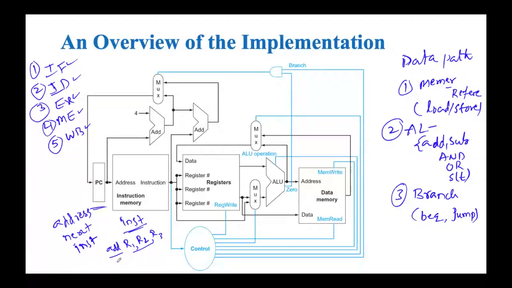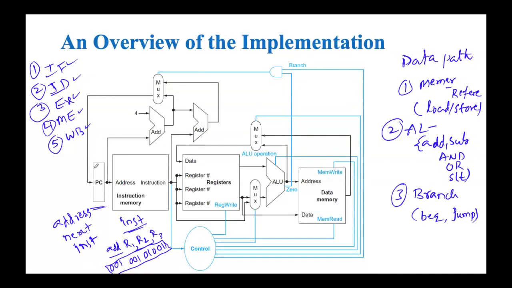This complete thing is written in terms of 0s and 1s, such as 0, 1, 0, 1, 1, 0, 0, 1 for add. For R1, we write in binary form using 3 bits, 0, 0, 1, because the number is 1. R2 we can write 0, 1, 0 because it is identified with 2. R3 is identified with 3, so we write 0, 1, 1. This entire binary instruction is stored in the instruction memory. That is what we observed in instruction set architecture, instruction implementation, with the example also.